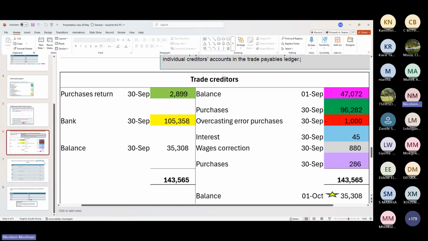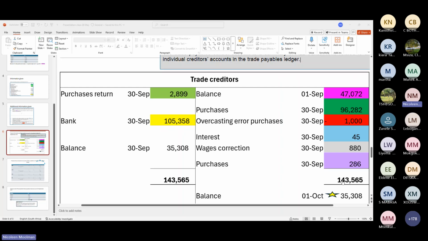So how do we correct that? We say credit trade creditors because we need to increase the trade creditors. And the other side of that would be debit wages because it was wages that we paid. It wasn't a payment to the suppliers, it was wages. So debit wages and credit trade creditors. I hope that makes sense.